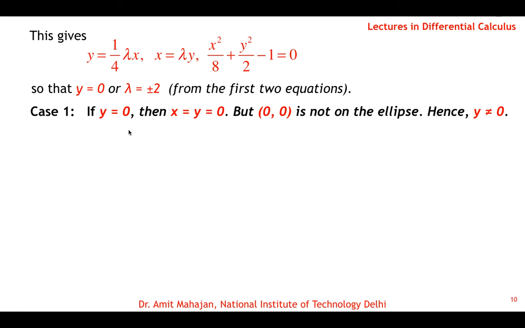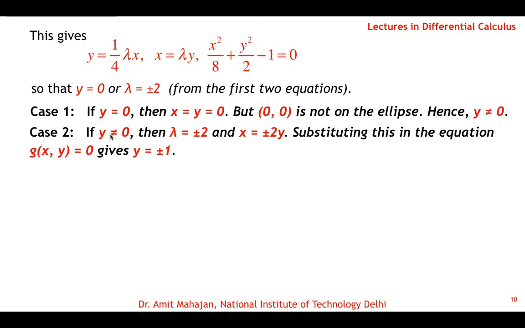So lambda must be equal to plus minus 2. If y is non-zero, then lambda must be plus minus 2. If lambda is 2, then x becomes 2y. If lambda is minus 2, then x becomes minus 2y. So x becomes plus minus 2y.